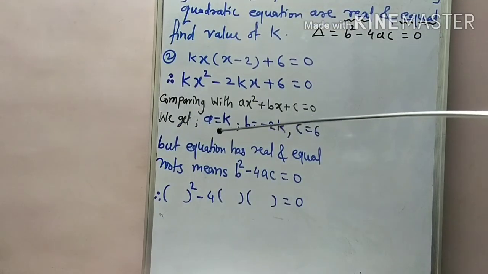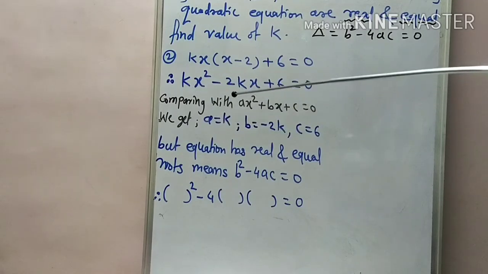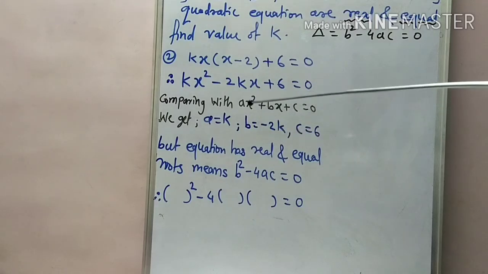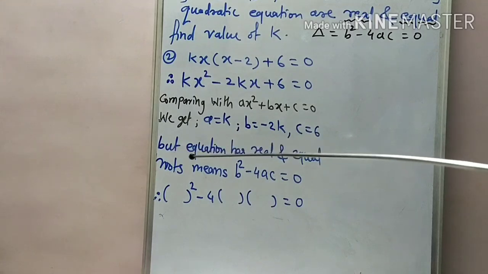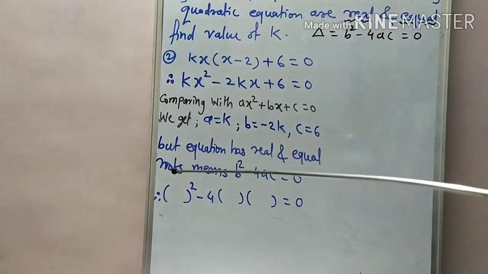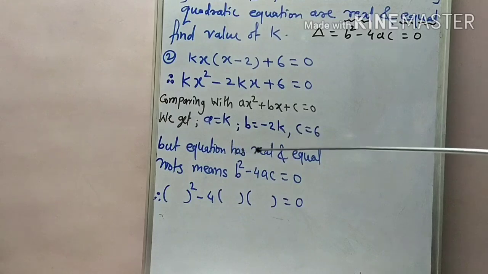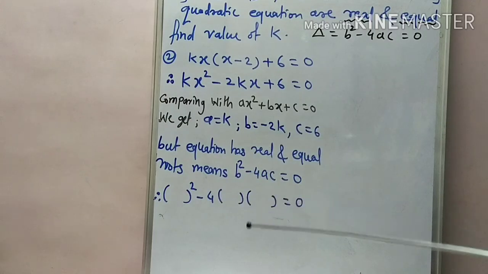So comparing with the standard or general form, the value of a is k, the value of b is here minus 2k, and the constant c is 6. Then here we write down the condition: the equation has real and equal roots, means that b square minus 4ac is equal to 0. Now using these values of a, b, c, we form the equation again in terms of k.